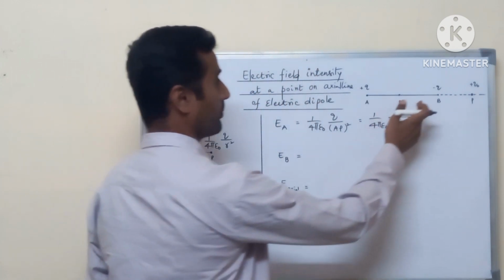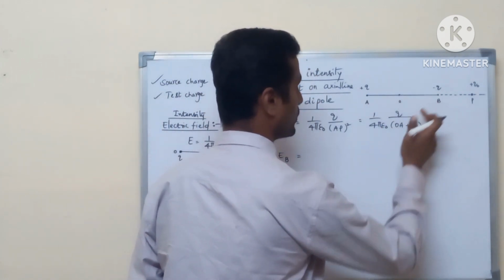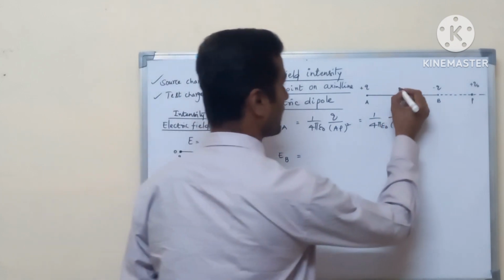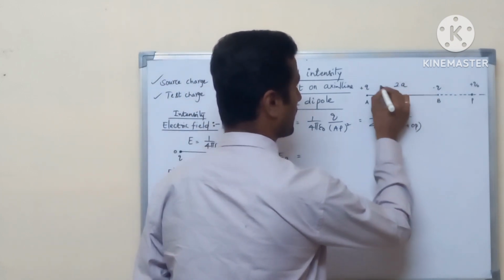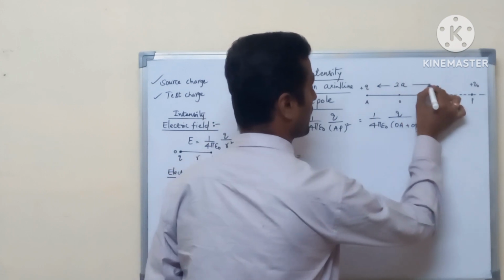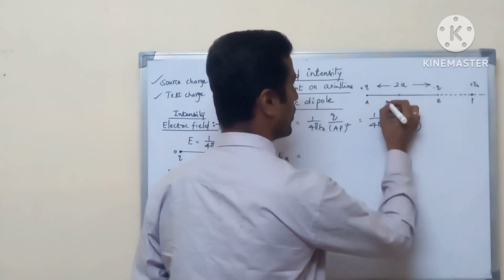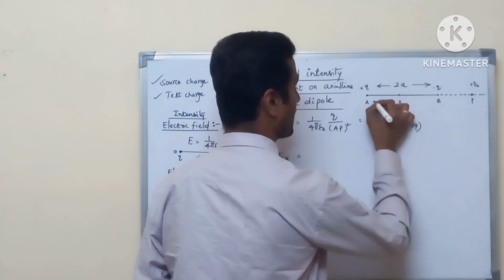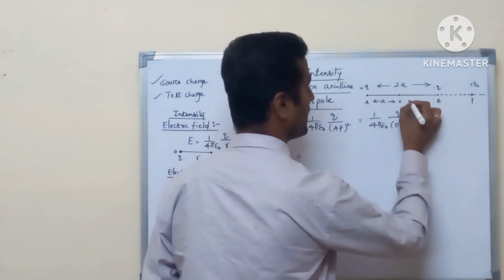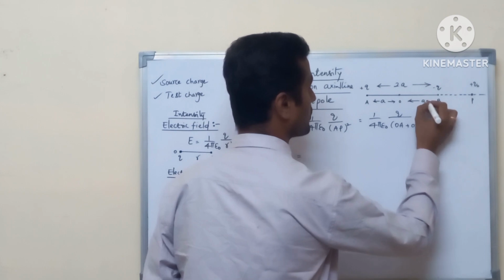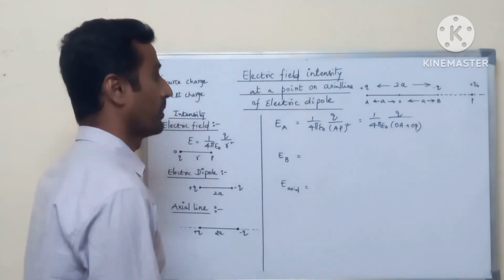Here in the dipole, the distance between the two charges is 2a. Then the distance from A to O is a, small a, and from O to B its value is also small a.